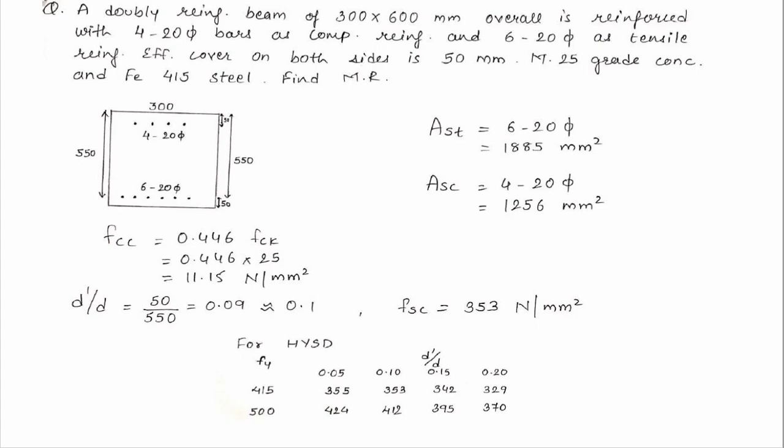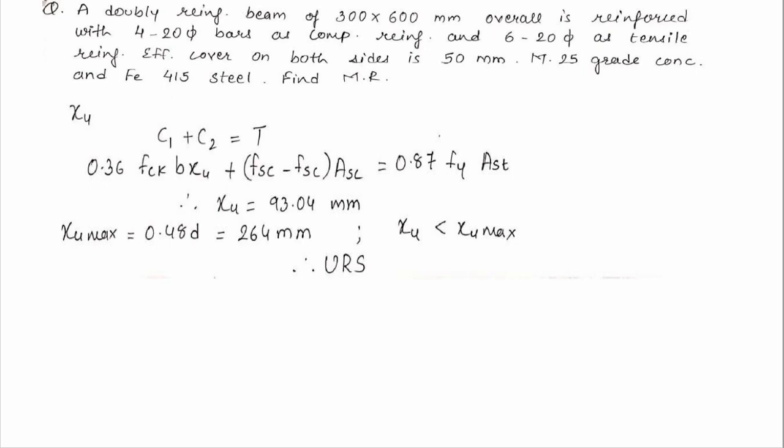Clear? So to find XU, we will be equating the forces. That is, we will be equating the compressive force and the tension force. So XU can be calculated from our equilibrium equation, C equal to T. But as we have seen in the stress strain diagram, there were two sections. One was for the singly RC beam and the second was the auxiliary section.